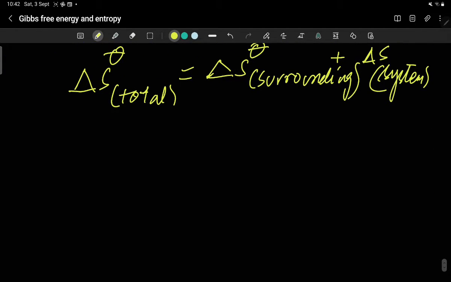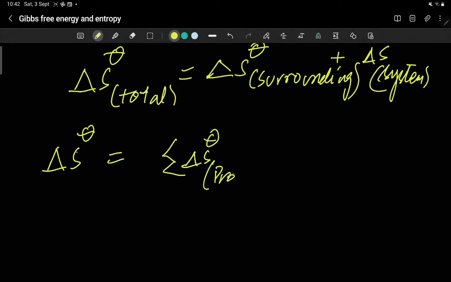And we know that delta S system, the entropy of the system, is equal to the sum of delta S products minus delta S reactants.